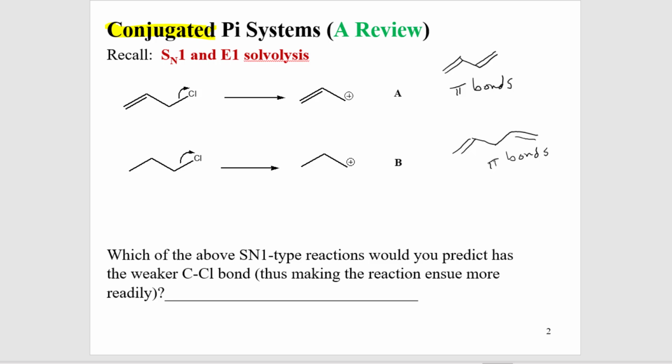Let's recall SN1 and E1 solvolysis. We're going to take some of the stuff we've studied relative to the reactions and apply it to conjugated pi systems. So SN1 and E1 solvolysis: the leaving group leaves. And what you can see here is that we've got a leaving group, chlorine.